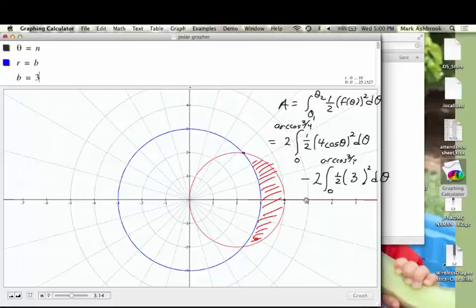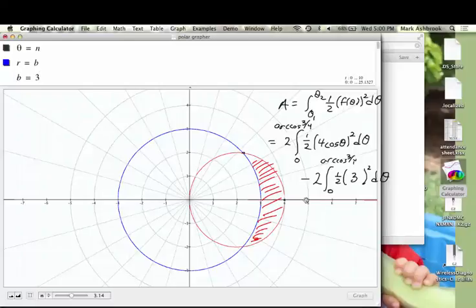Then we're subtracting off what's inside the blue, which would be the function r equals 3. You could do it in a single interval too. You just have to make sure you're not putting it inside the square. The danger is don't do 4 cosine minus 3 quantity squared. But yes, you could have that whole thing minus that whole thing, and that works.